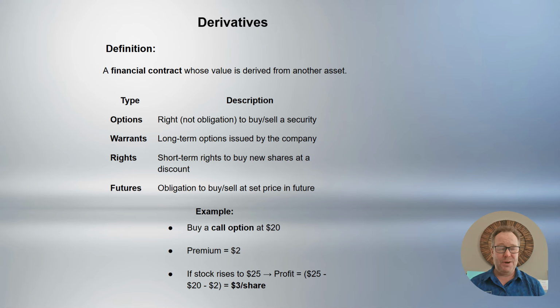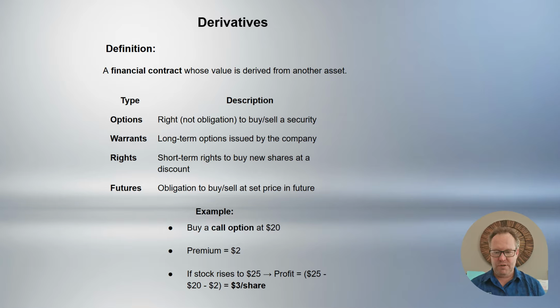So think about a derivative as simply a piece of paper or a contract, an agreement. It is an agreement between a buyer and a seller that something will change hands in the future. There are future prices agreed to. So there's nothing physically changing hands in a derivative. It is really just a contract or an agreement that is bought and sold.